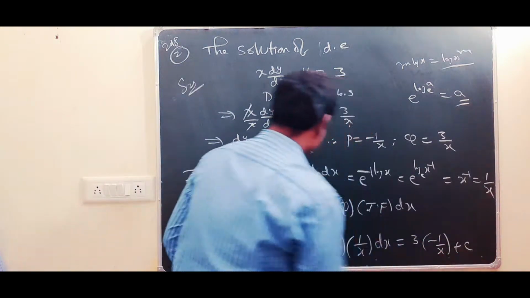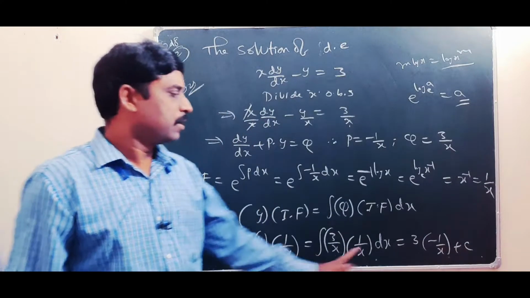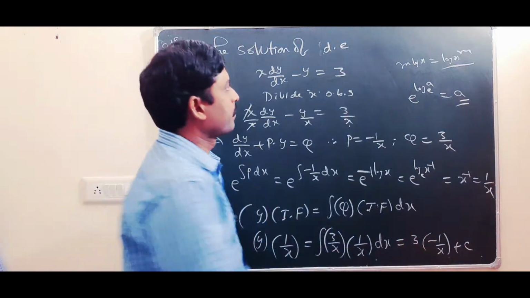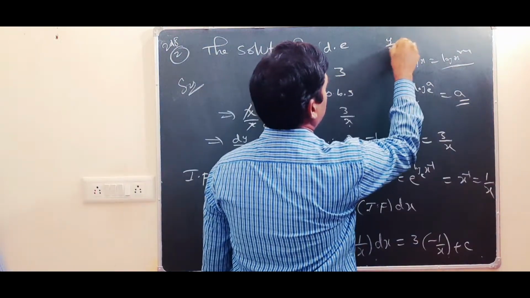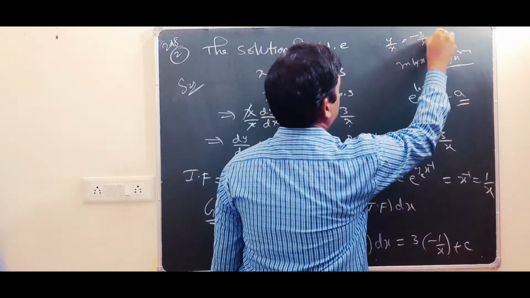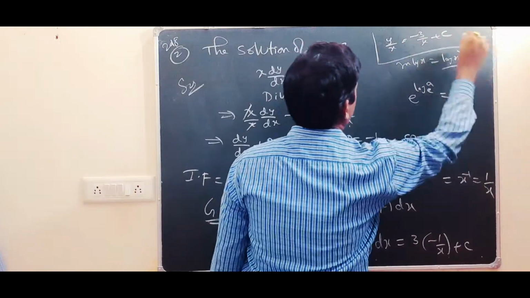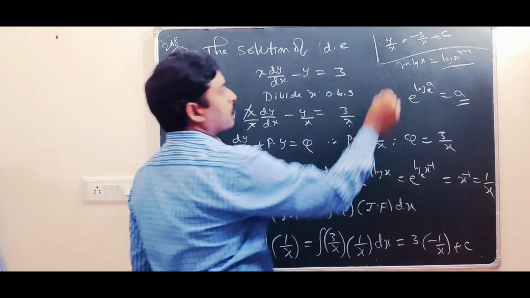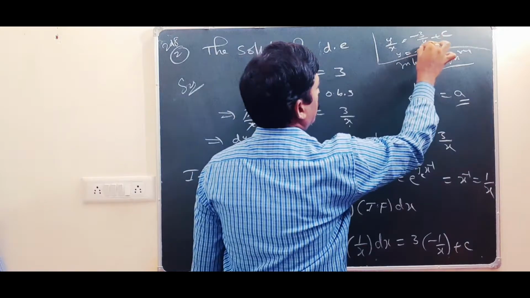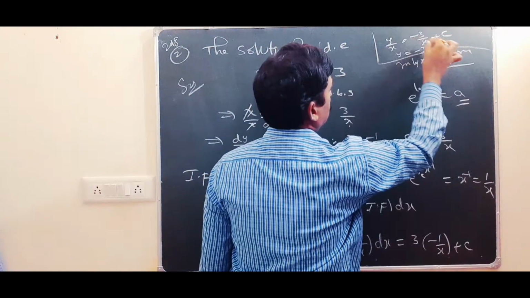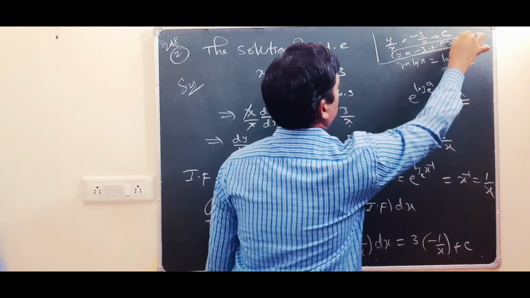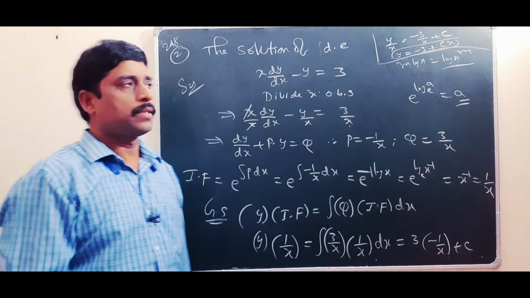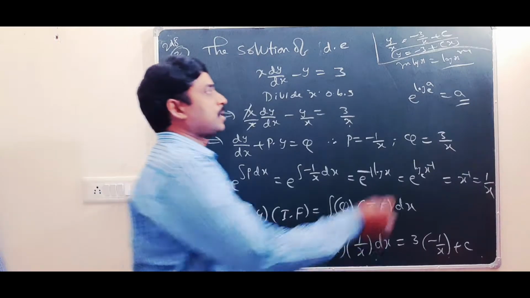Okay, this is the answer. So y by x is equal to minus 3 by x plus c. Let us do LCM. So y is equal to minus 3, LCM is x which gets cancelled, plus cx. Y is equal to minus 3 plus cx, this is a straight line.